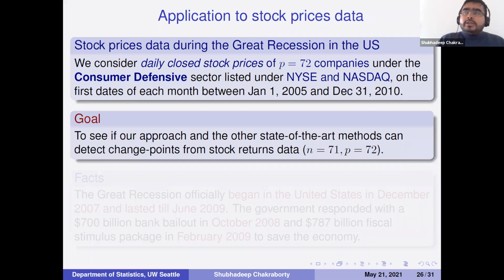So the motivation is that when a recession occurs, the markets tend to become volatile, prompting investors to sell stocks.